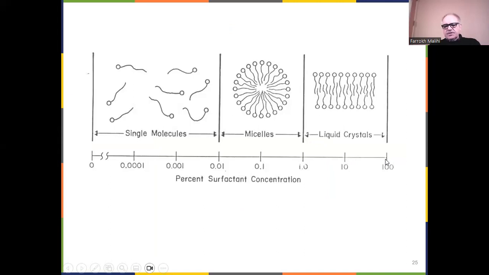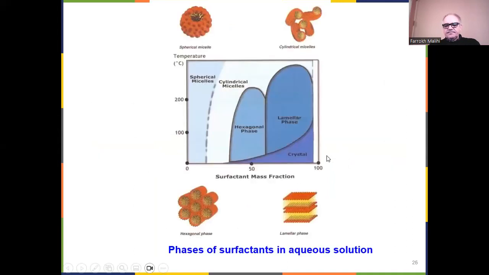Here's another picture that shows that as we increase concentration, we go from monomers, single molecules, to spherical micelles, to different phases of micelles, and eventually to a lamellar phase and liquid crystals.